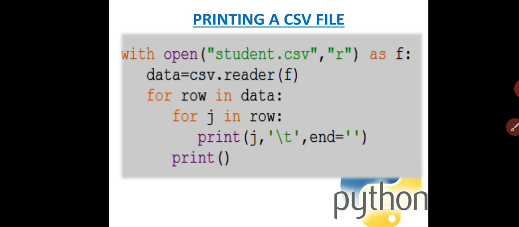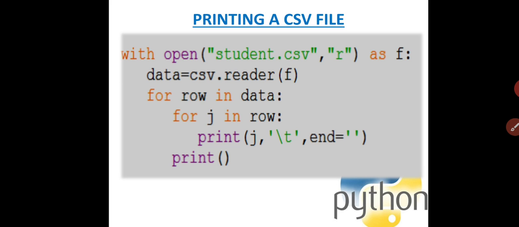Thereafter I have to print records in the form of rows and columns. For that I have to manipulate the printing process. So I have used nested loops for proper printing of the list elements, the list records. I have run a loop for row in data. This loop will keep getting the rows or records into the row variable from the nested list data.